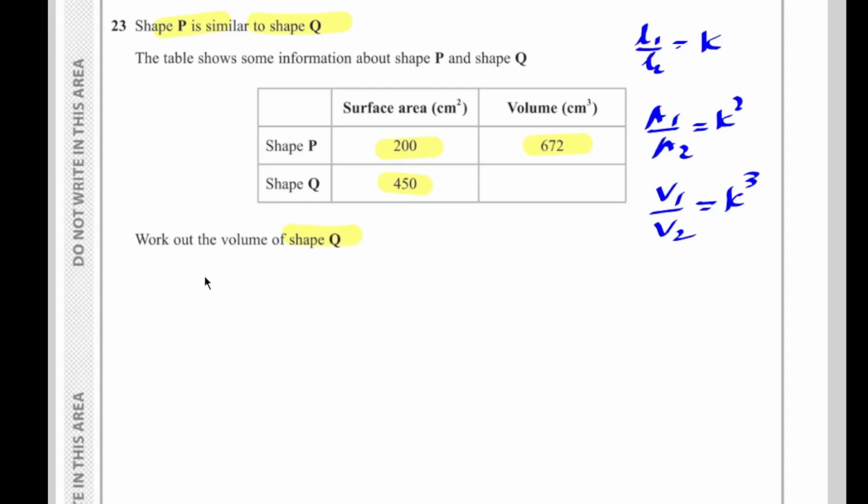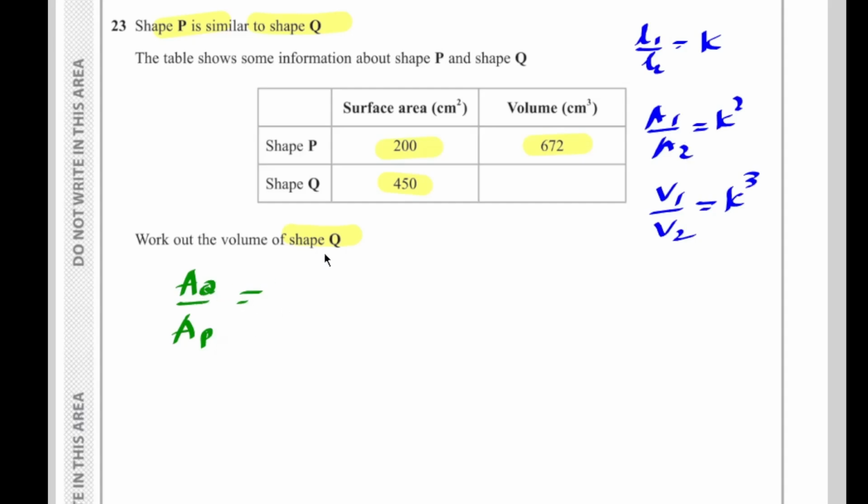I'm writing it this way: area of Q over area of P. I'm taking area of Q to the numerator because I need to get the volume of Q, then it is easy. So area of Q over area of P, which means the first figure and the second figure.